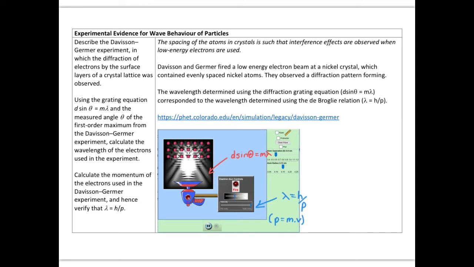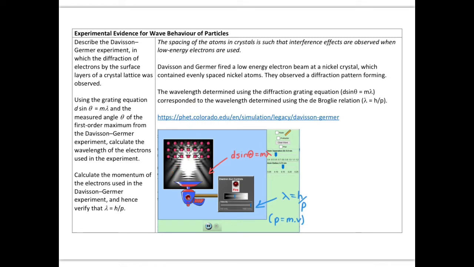This is a screen that you sort of get from that simulation. But in essence, what Davisson and Germer did is they fired low energy electrons at a nickel crystal. Now this nickel crystal had evenly spaced atoms, and it in a sense acted like a diffraction grating. Now what we were dealing with here was a reflected pattern as opposed to one that was transmitted like we did in the lab.